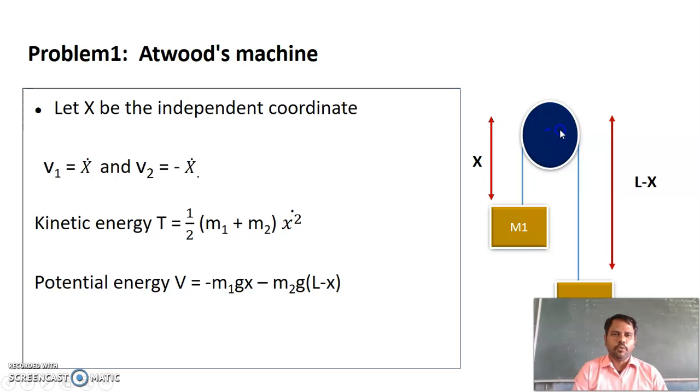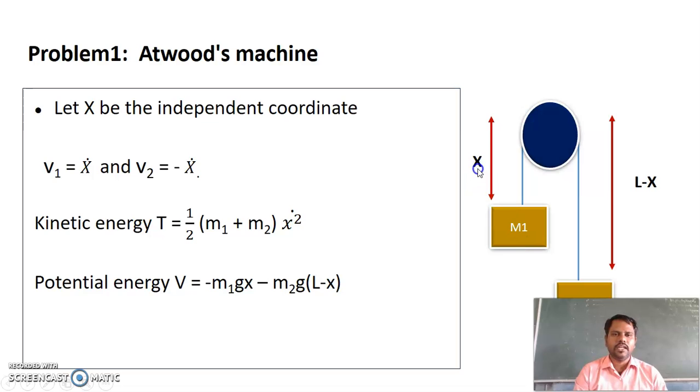With reference to the pulley, let x be the distance of mass m1. So L minus x will be the distance of mass m2 with respect to the pulley. Now for this setup, I need to know its potential energy as well as kinetic energy.